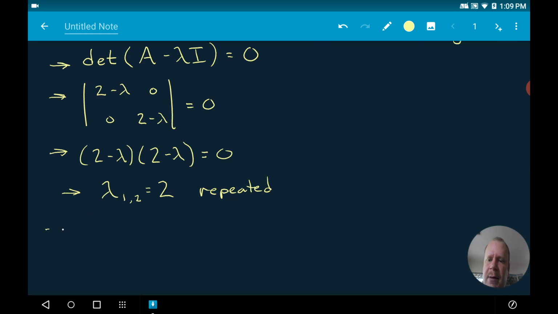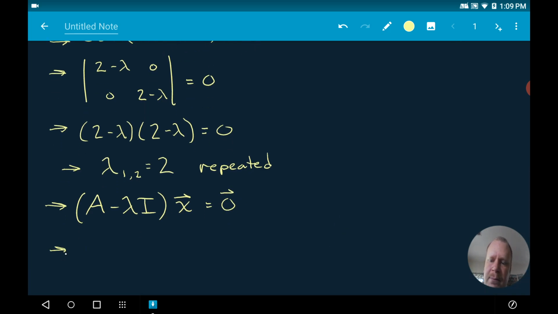If I try to find my first eigenvector here, the equation that I'm going to use is A minus lambda I times my eigenvector equals the 0 vector. So I get the matrix with 2 minus 2, 2 minus 2, and we end up with a situation that we haven't seen before.